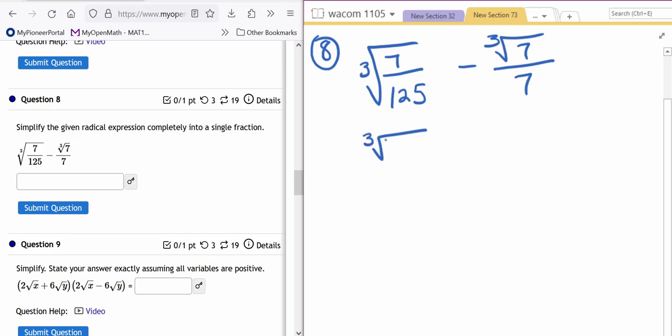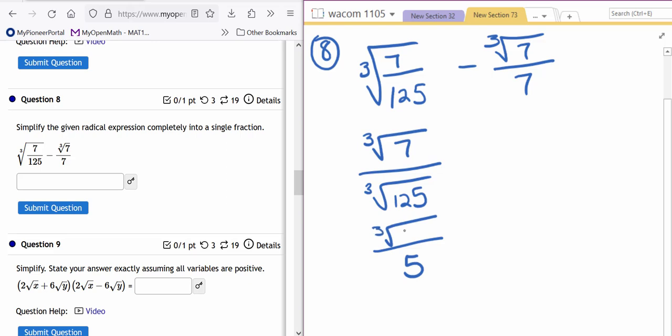So we have cube root of 7 and cube root of 125. You might remember 125 is a perfect cube. Otherwise, you could try to break it down or check it in your calculator. It is a 5. So we have cube root of 7 over 5. This one there is nothing to do right now.